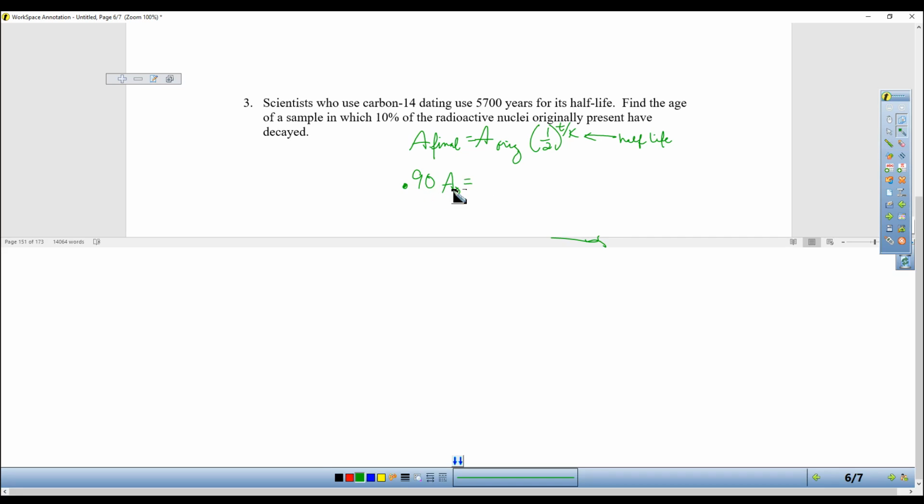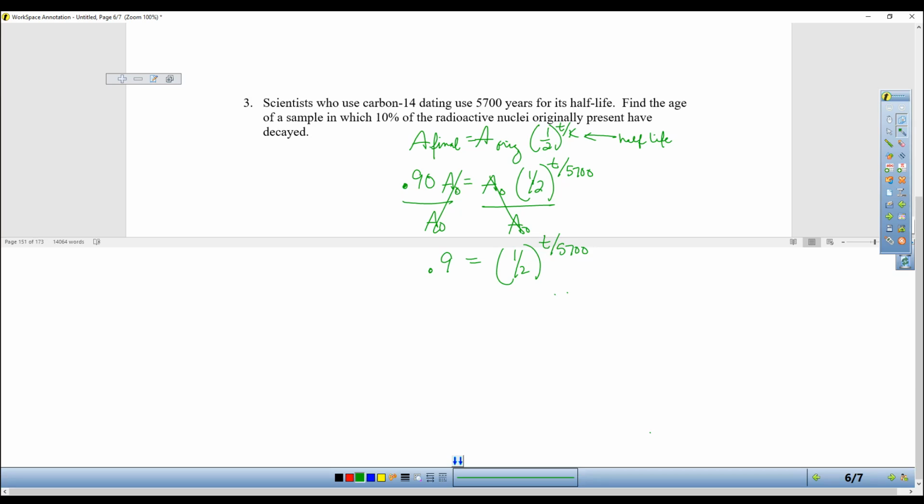And 90% of always means times, is equal to AO, 1/2 to the T, that's what we're trying to figure out, how many years, and the half-life is 5,700. I divide both sides by AO, amount original, and it cancels on both sides. So I get 0.9 is equal to 1/2 to the T over 5,700.